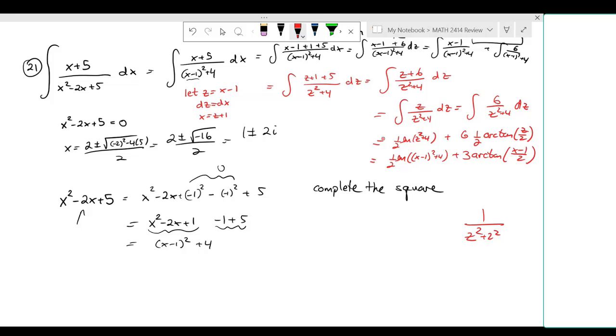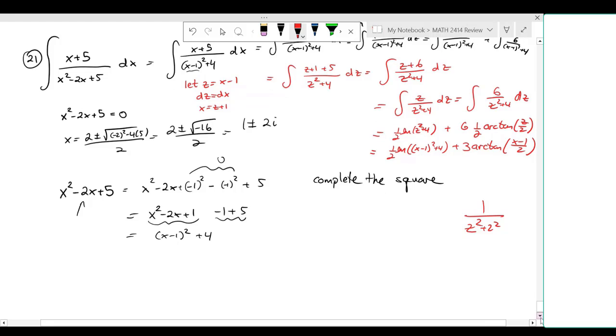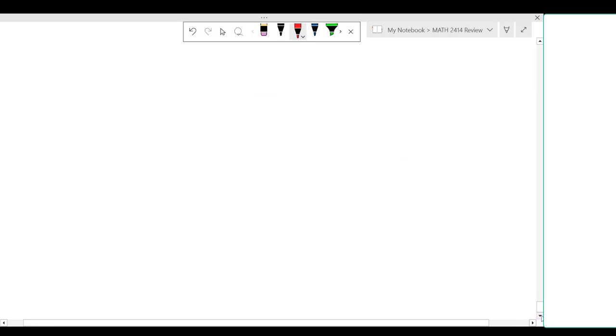So finally, we can just talk a little bit about improper integrals. So how can an integral be improper?